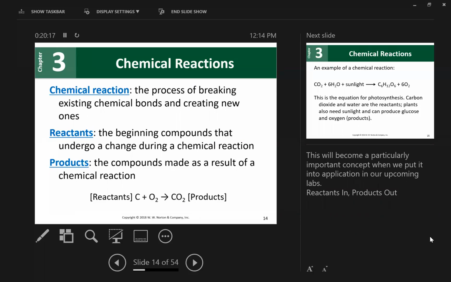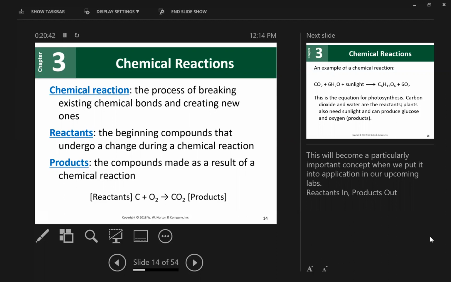What we're putting in are the reactants, the beginning compounds that undergo a change during that chemical reaction. Products are the compounds that are made as a result of that chemical reaction. So reactants go in, products come out.